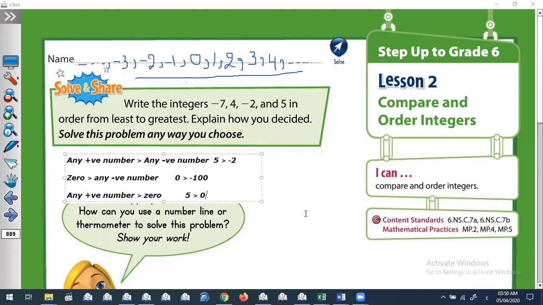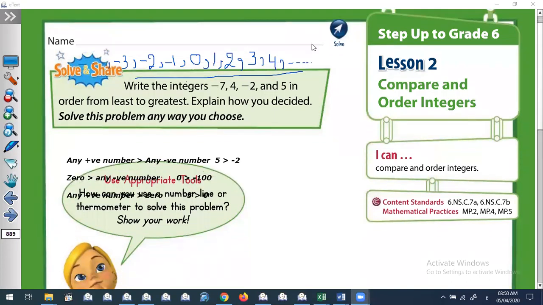Let's start our lesson with this exercise. Write the integers negative 7, 4, negative 2, and 5, ordered from least to greatest. From least to greatest, I need to start with the least number.